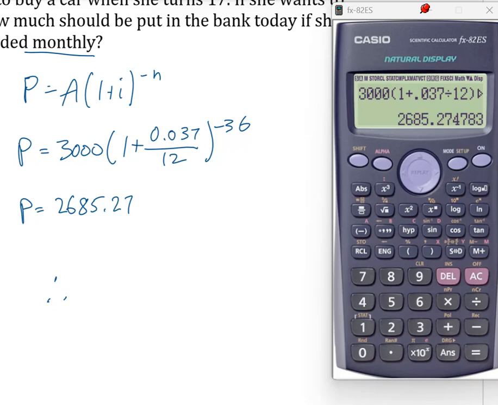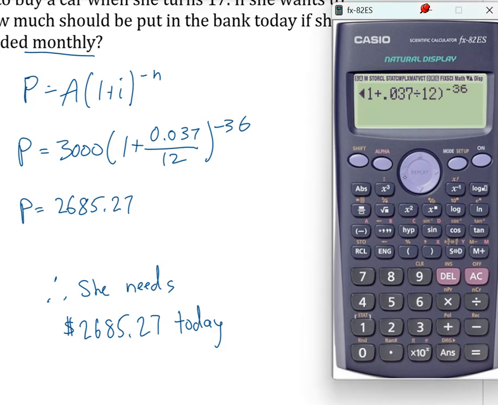So she needs to deposit this amount. This is the amount that she needs today in order to save for $3,000 in the future.